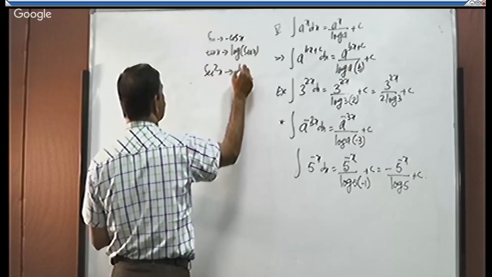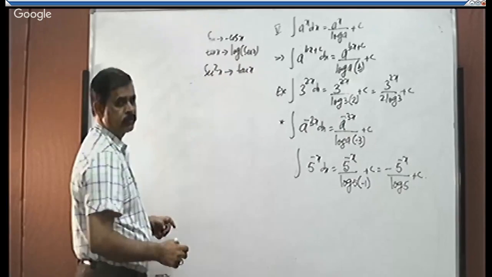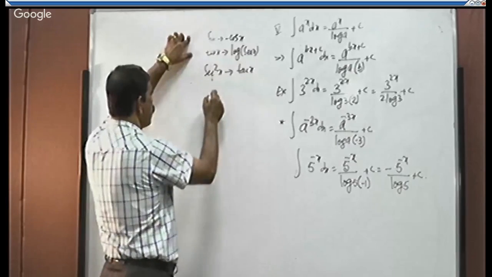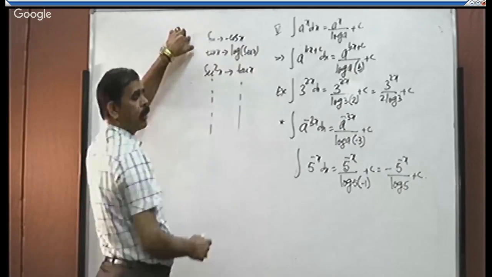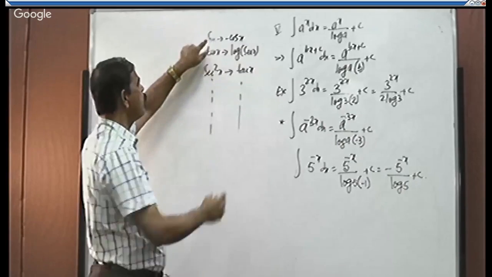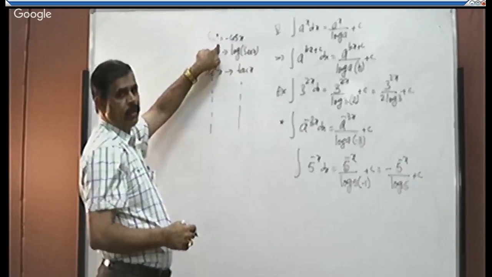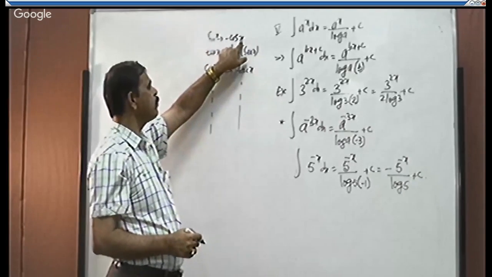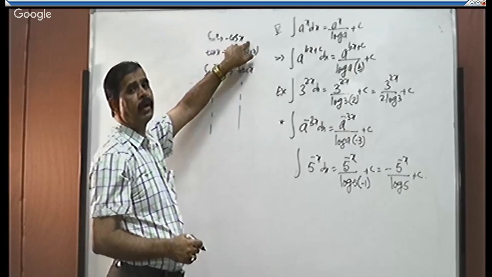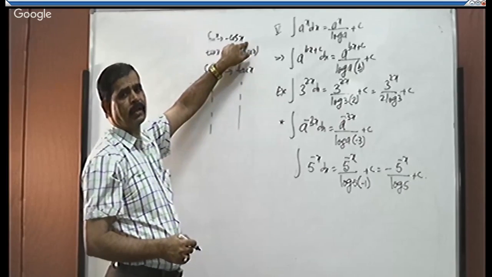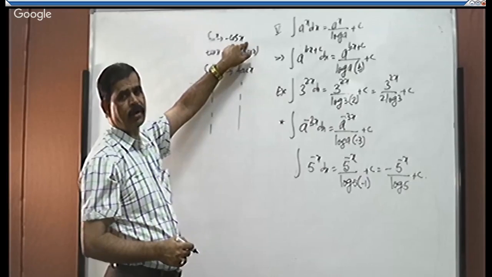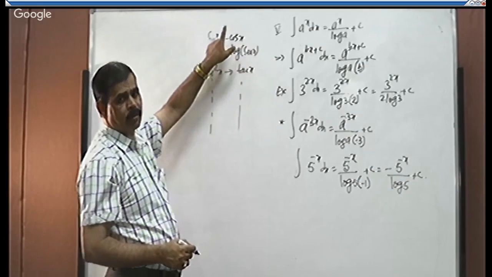It is tan x. In all the 10 trigonometric formulae, all x should be replaced by what? Ax plus b. In the answer also, it will become ax plus b. And extra thing we have to write, that is x coefficient. Where we have to write, it is written at the denominator.